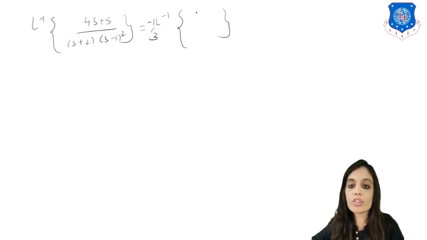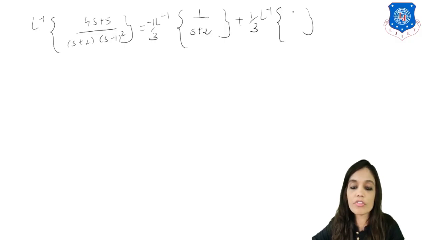So minus 1 upon 3, 1 upon s plus 2. Plus now our value of b is plus 1 upon 3, right? Laplace inverse, and what was the function? 1 upon s minus 1. And lastly put the value of c, that is 3. So Laplace inverse of, lastly what we will have? 1 upon (s minus 1) whole square. Now we just have to find the Laplace inverse of these three terms.